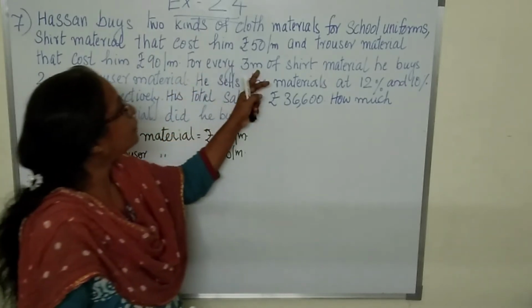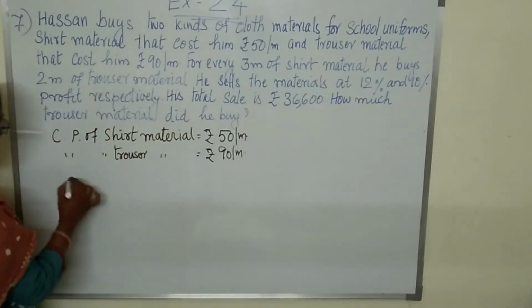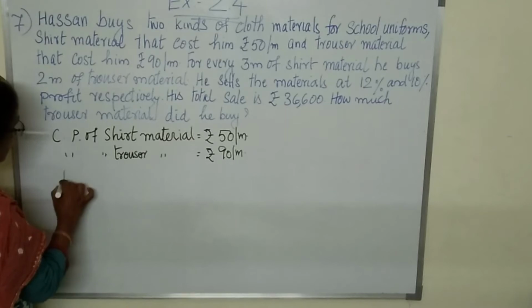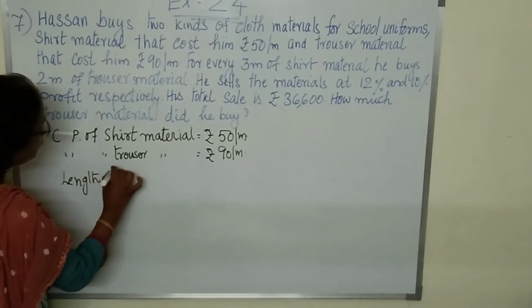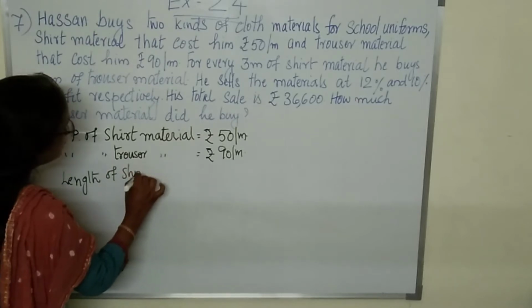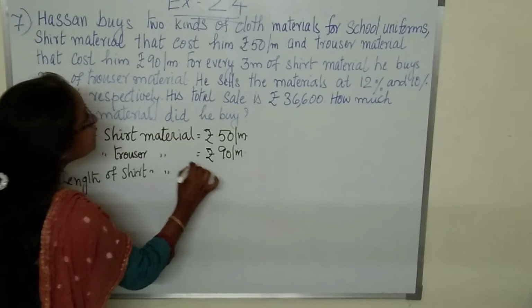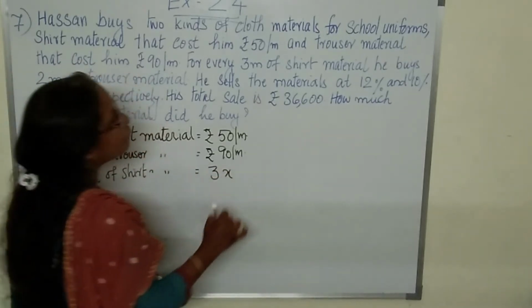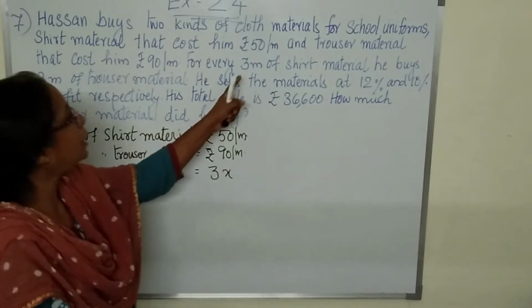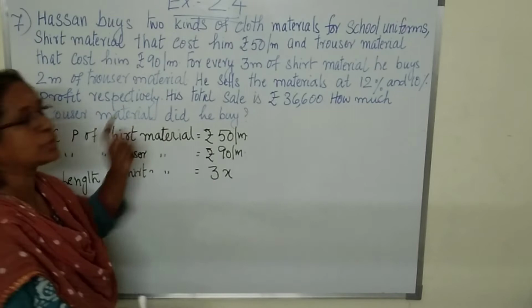For every 3 meters of shirt material he buys 2 meters of trouser material.